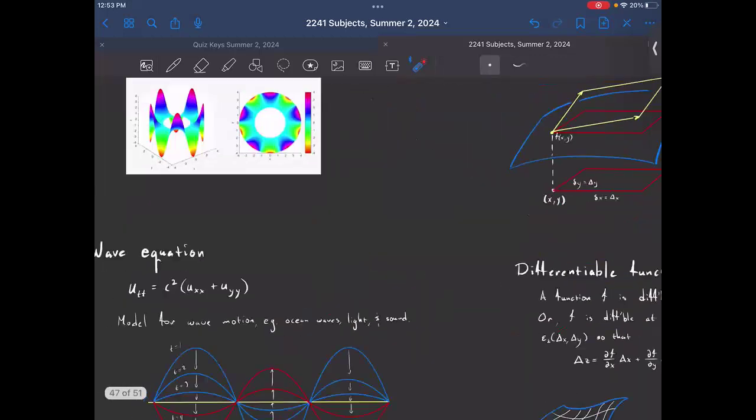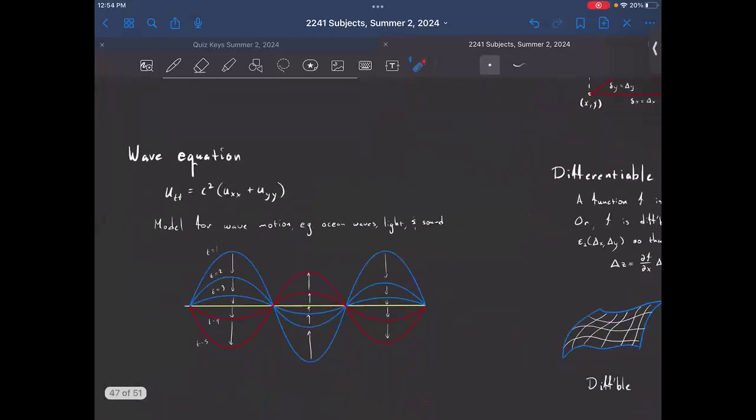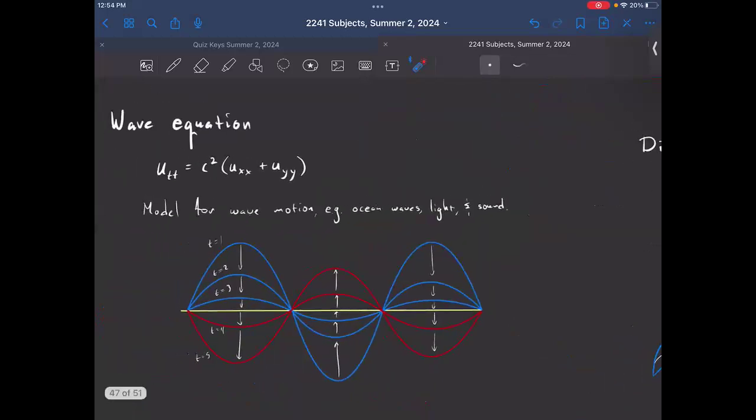Oh, and I have one more underneath this. I missed that. The wave equation looks like this in 2 dimensions. And it's, of course, a model for wave motion, any sort of oscillating periodic behavior. Examples are ocean waves, light, and sound. So in 1 dimension, you can think maybe like a jump rope going up and down. So the motion actually is up and down. That would be the u part. And then this is the x variable.